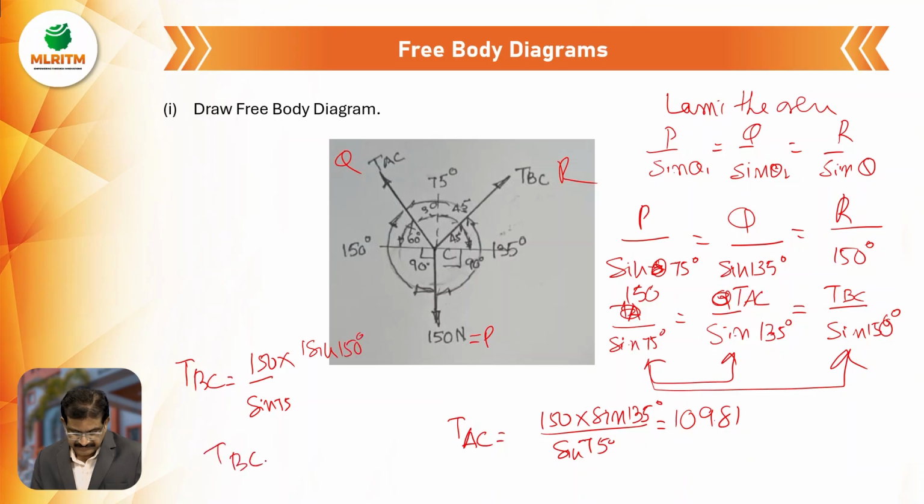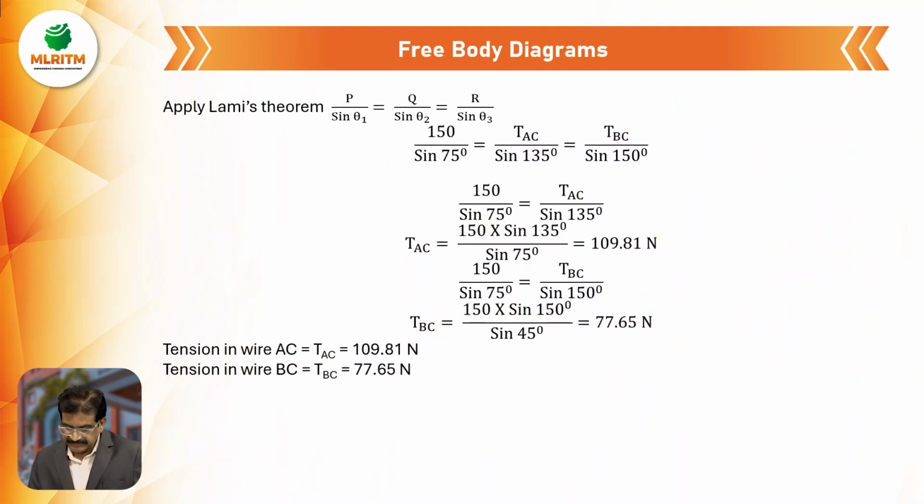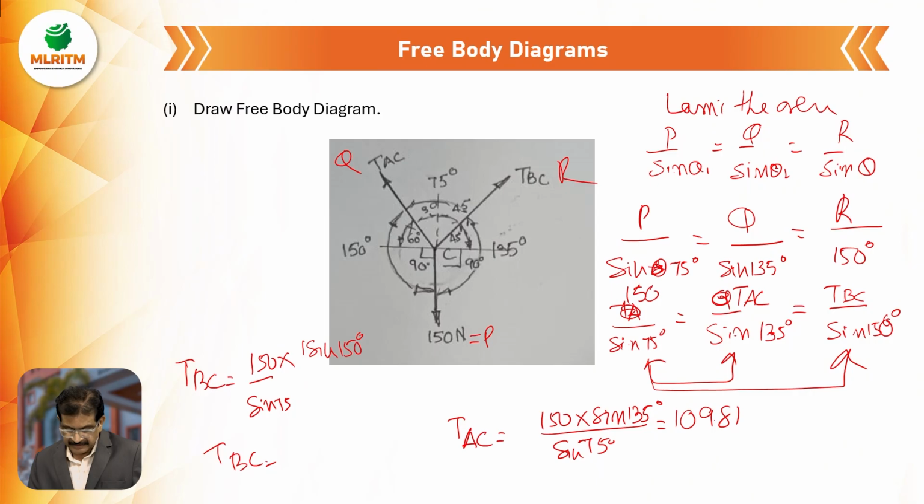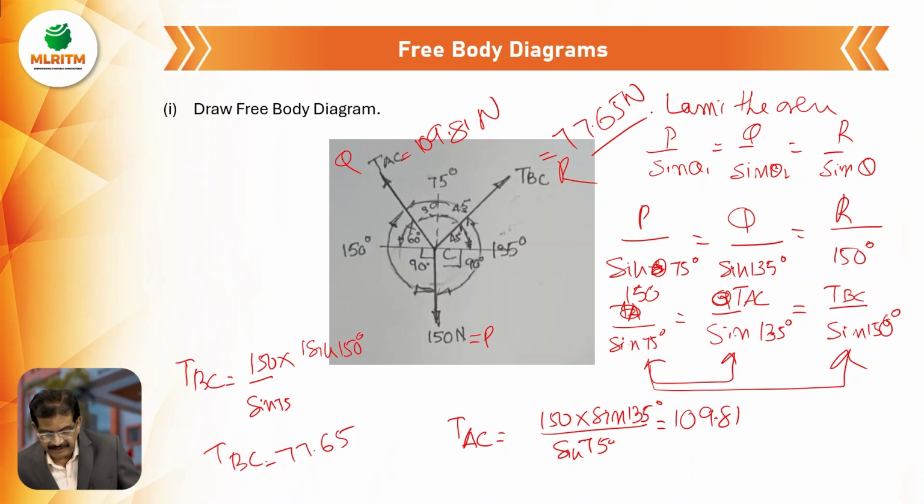So TBC equals 77.65. So here TAC is 109.81 Newton and TBC is 77.65 Newton. With the help of the free body diagram, we can find out the unknown forces.